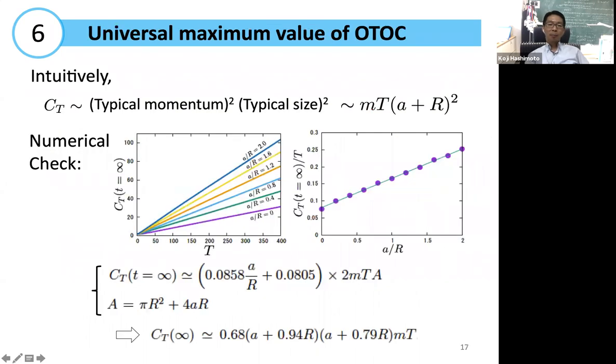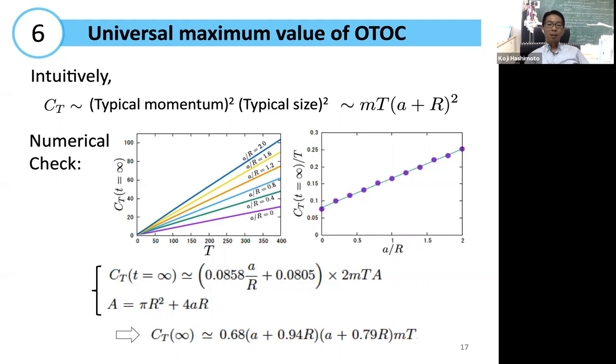That is this. Intuitively, asymptotically, this thermal ODOC may be described by typical momentum squared times typical size squared. And this expression was already written in the introduction of Murthy and Srednicki's paper.